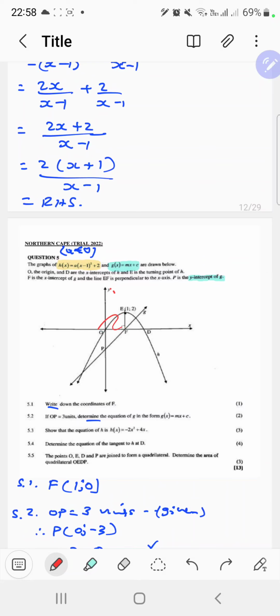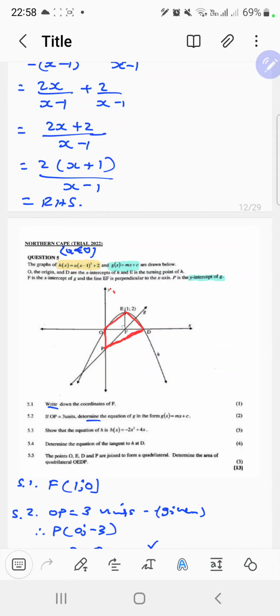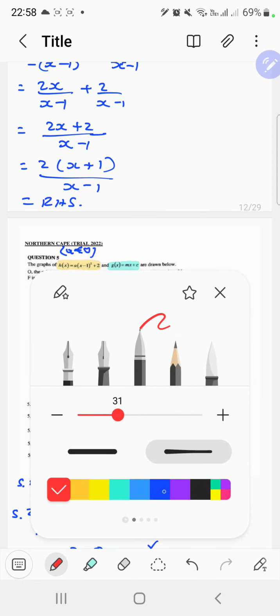We're just going to try and join this thing. I don't know why it refuses. Come on man, do this thing. Okay, it refuses to do what it must do. I'm just going to do it on my own then. So there's our quadrilateral. It almost became perfect, but that thing just refused to work. I don't know why. Anyway, let's leave it alone for now.